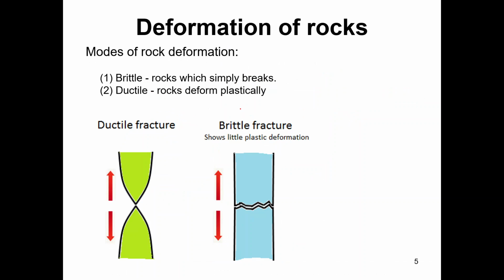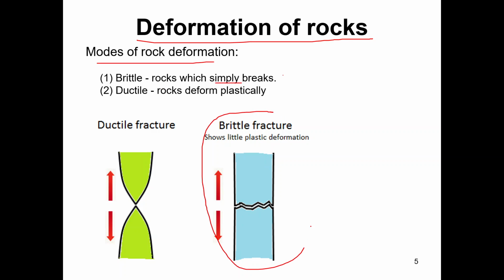So what is another deformation in rock? To understand that, we have modes of deformation. We call one brittle, which is when rock simply breaks like this. This is tensional force, so we have a break here, and this is called brittle.